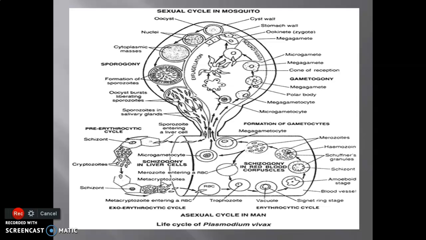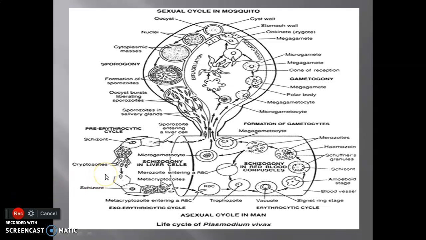Now this goes in the gut of mosquito, and here comes the beginning of a sporogony in the mosquito. Here comes the beginning of a third stage, and that is a sporogony stage which takes place in the mosquito.